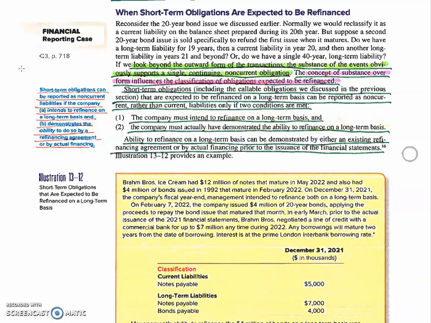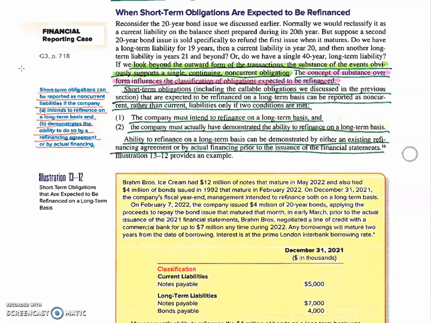And so just by the very nature of the way they are constantly creating and selling bonds and having no problem selling them, they are demonstrating that they have the ability to do that. So if their intention is to refinance that debt using new bonds, then they can avoid reclassifying that debt to current. They keep it as long-term debt.